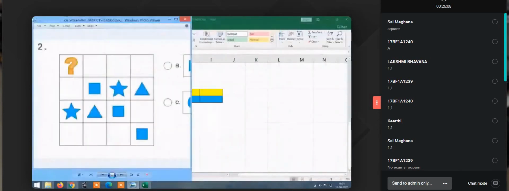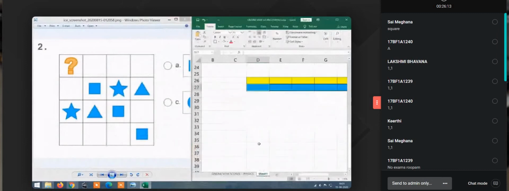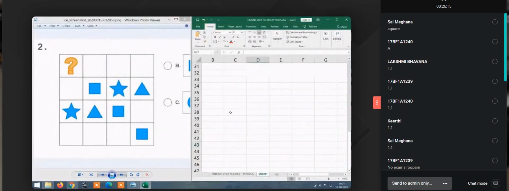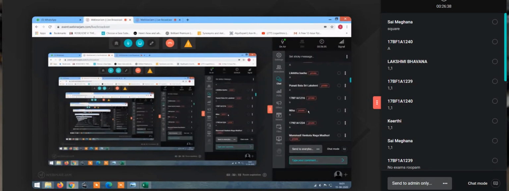I think you'll be able to see this. So which one will replace the question mark? Yes, exactly. Great, nice. Circular, Vaishnavi, square. Yes, right.